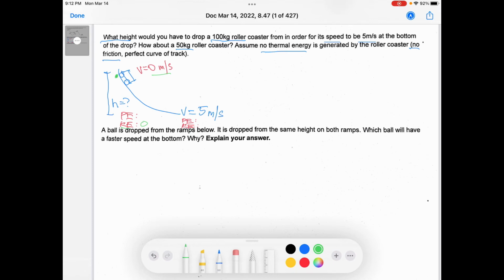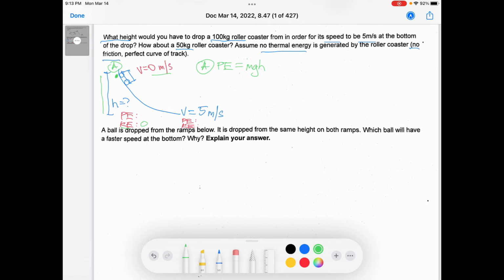And what is the potential energy of the roller coaster at that point? Let's call this point A. At point A, the potential energy of the roller coaster is mgh.